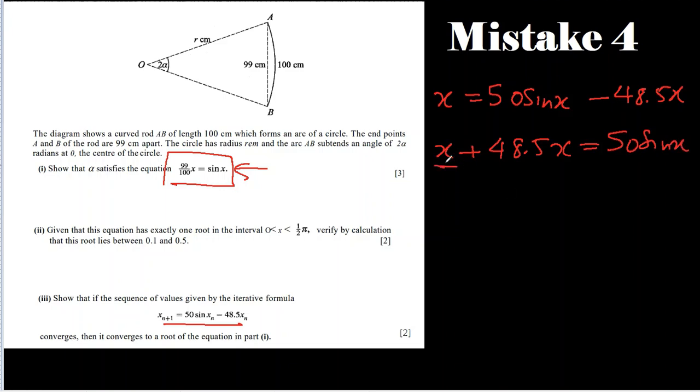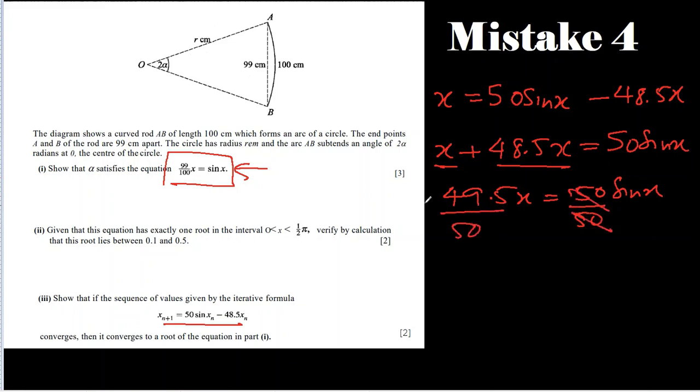Now x plus 48.5 x will be 49.5 x equal to 50 sine x. Divide by 50 because we want sine x only. We want 99, so multiply here by 2, multiply here by 2, so we get 99 over 100 x equal to sine x, and we got this one.